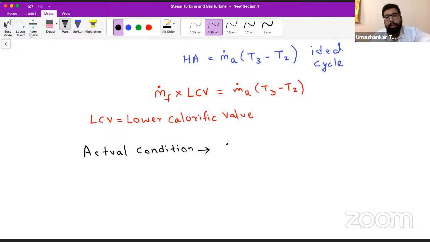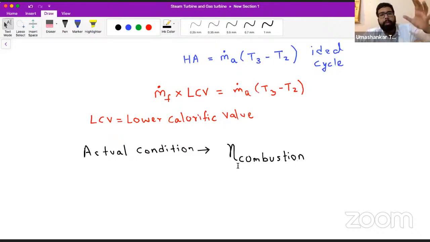So in actual conditions, an efficiency called combustion efficiency will come into play, which represents the loss of this heat energy before it is added to the air, before it increases the temperature of our air working fluid.